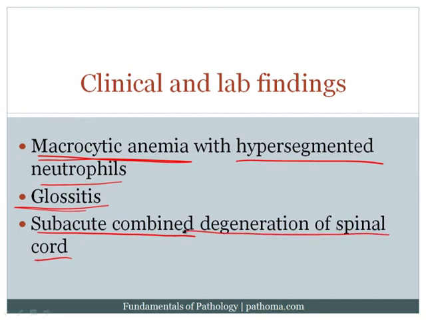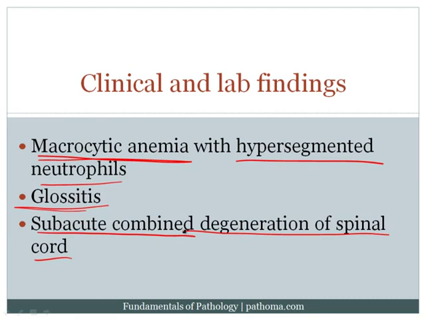Recall from biochemistry that there are only two chemical reactions that vitamin B12 is involved in. One is the reaction that involves the synthesis of DNA precursors. Remember that folate transfers its methyl group to vitamin B12. The second is the conversion of methylmalonic acid to succinyl-CoA. This reaction requires vitamin B12.